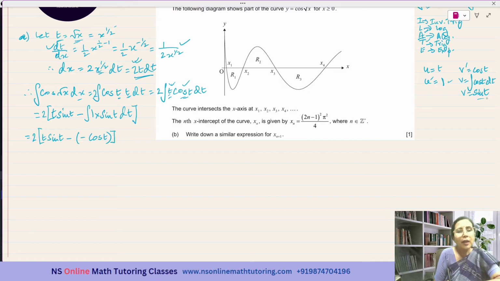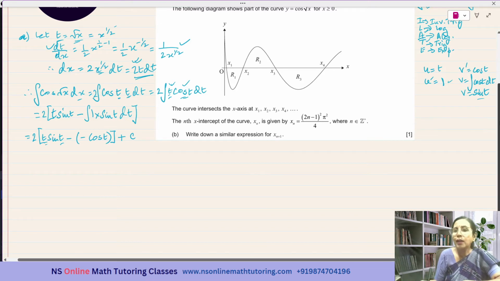And you can write the constant of integration within the brackets and multiply that with 2 and write another constant of integration outside the bracket as the final answer. I am just writing the constant of integration outside, okay? Next, I have to substitute back the expression for t, which is root x.